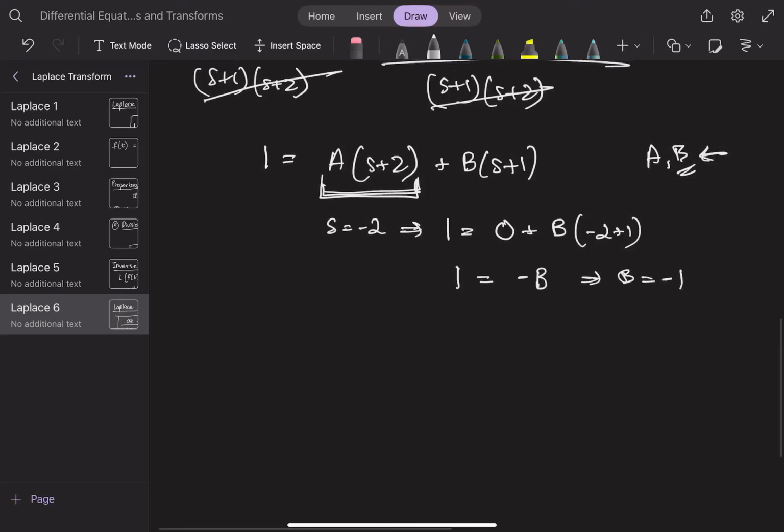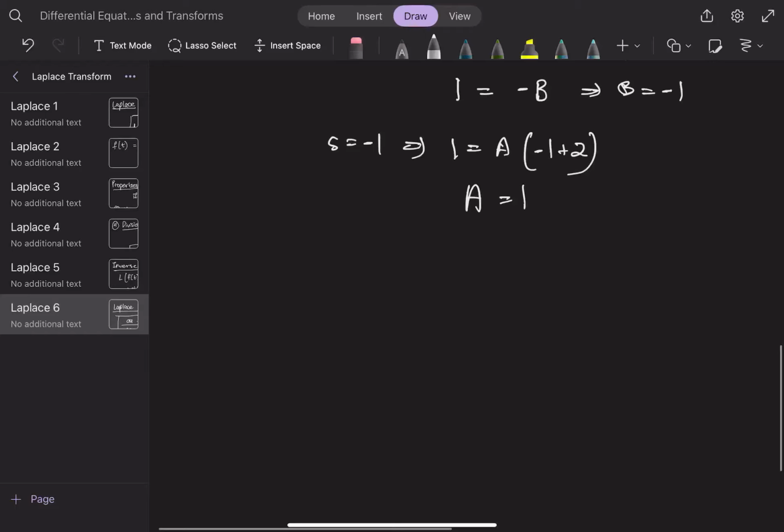Similarly, if I want this term to vanish, I will put s as minus 1. So you will get 1 is equal to a into minus 1 plus 2. So you directly got a is equal to 1. So you can write 1 upon s plus 1 into s plus 2 as 1 upon s plus 1 minus 1 upon s plus 2.